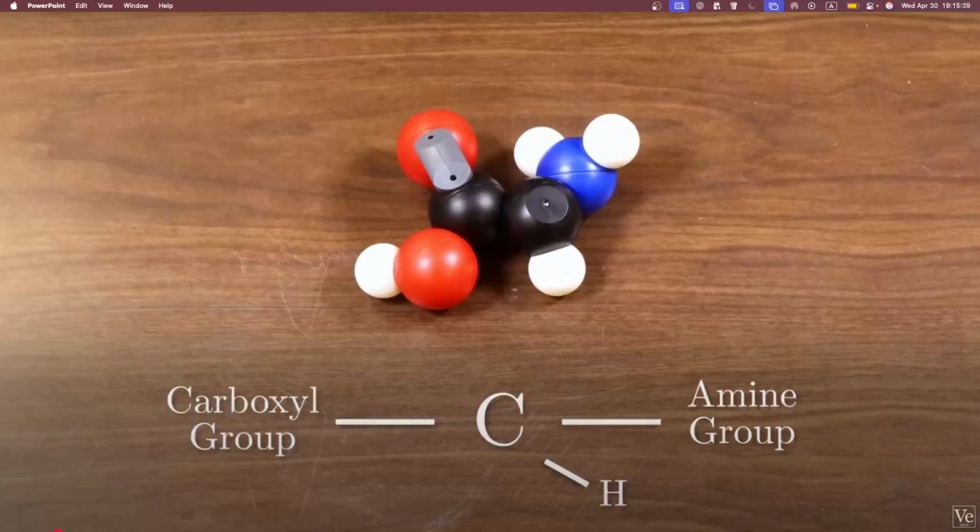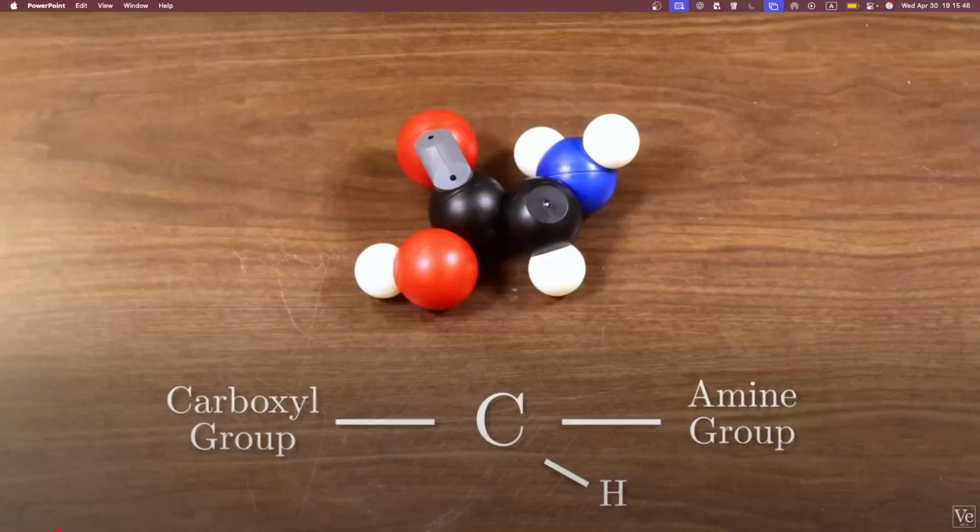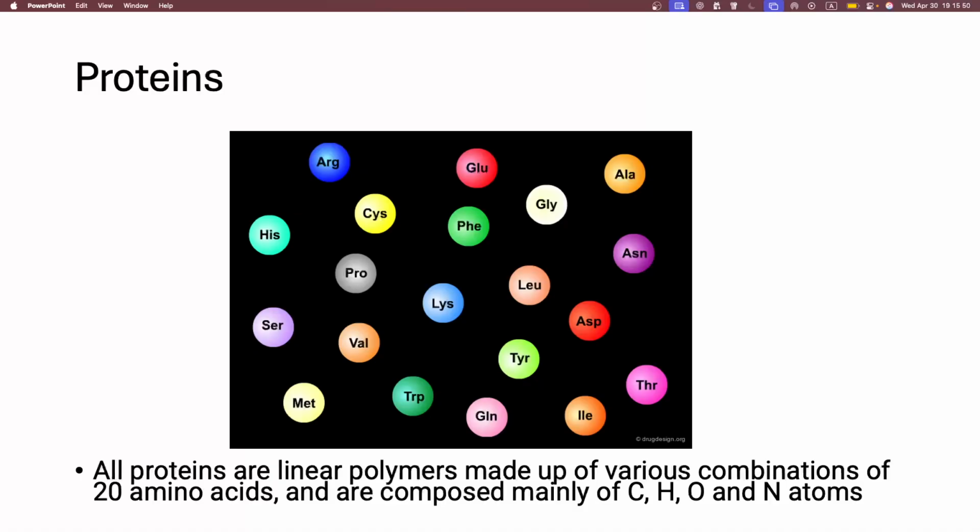And there are 20 kinds of amino acids, and all of these amino acids essentially are these groups combined together. The most common atoms that compose these amino acids are carbon, hydrogen, oxygen, and nitrogen atoms.